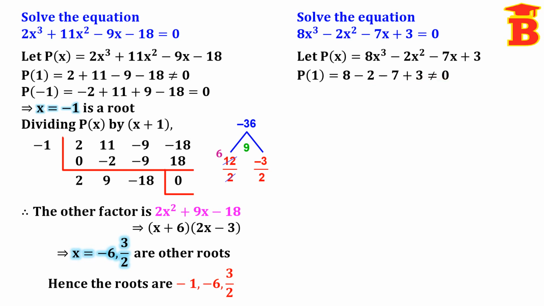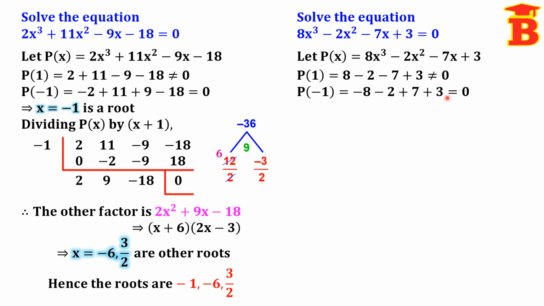Next we have to try minus 1. So take p of minus 1. Minus 1 cube is minus 1 into 8, that is minus 8. Here minus 1 square is 1. 1 into minus 2, minus 2. Next term, minus 1 into minus 7, plus 7, and then plus 3.